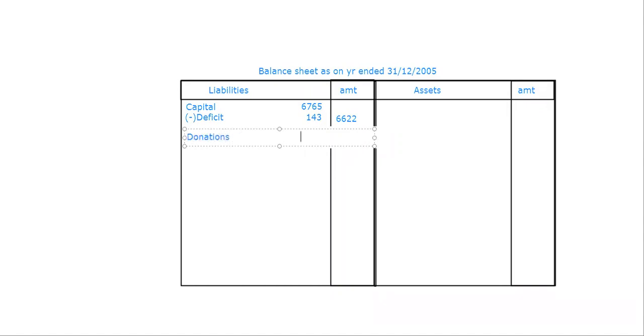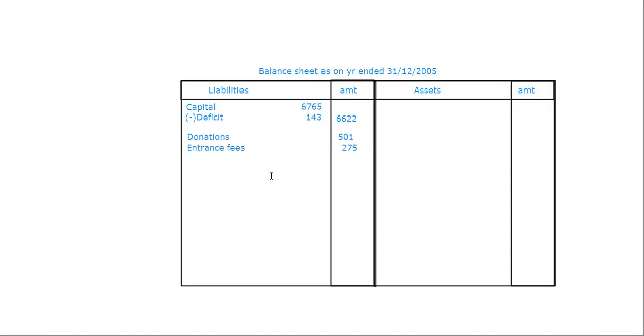So here I'm taking donations. How much? 501. Then entrance fee also we forgot. How much is entrance fee? 275. That makes 770.